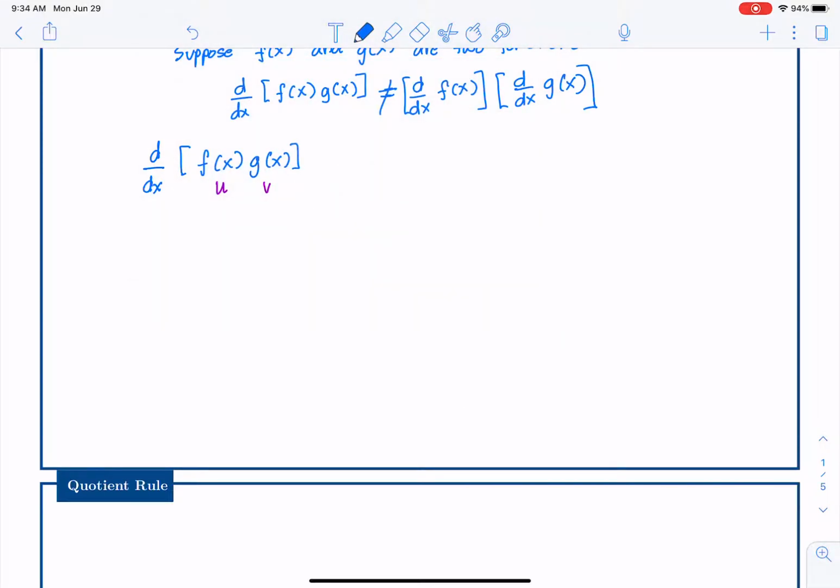So I am going to call the first function u and the second function v. So the derivative of the product of two functions is simply u times the derivative of v plus v times the derivative of u.